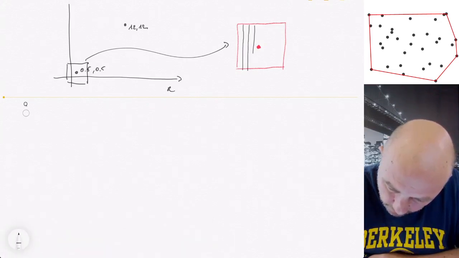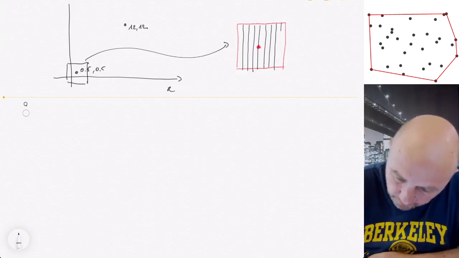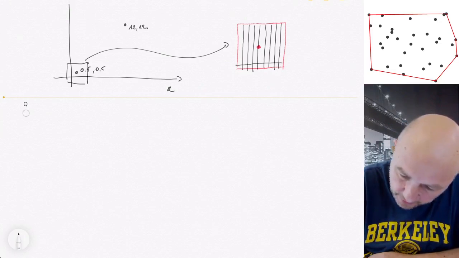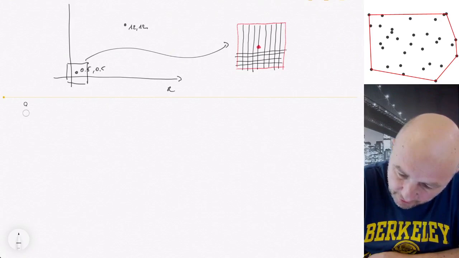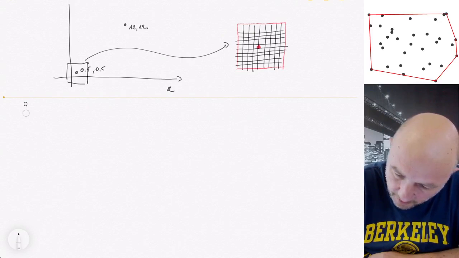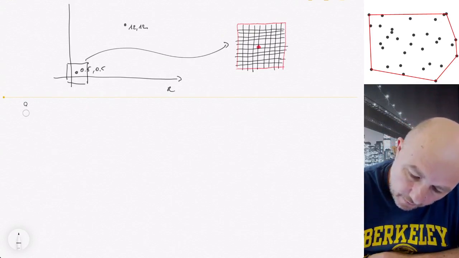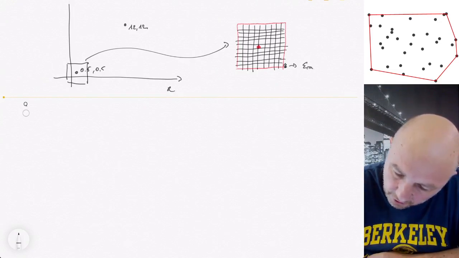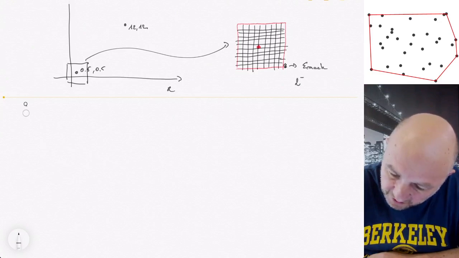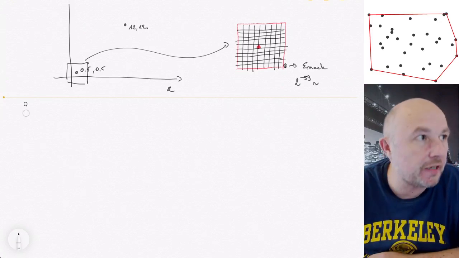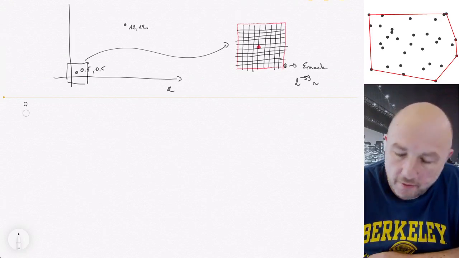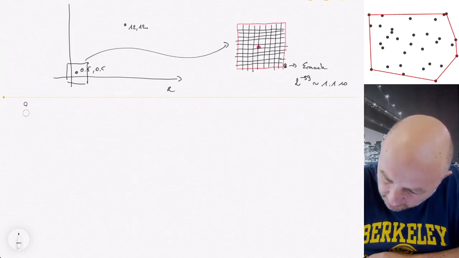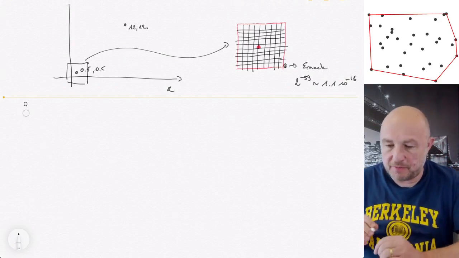I'm going to put a very, very small grid like that, and the size of the grid is the epsilon machine, which is 2 to the power minus 53, which is probably something close to 1.110 to the minus 16, something like that. So this is the epsilon machine.